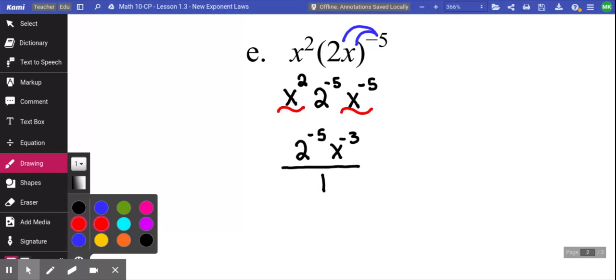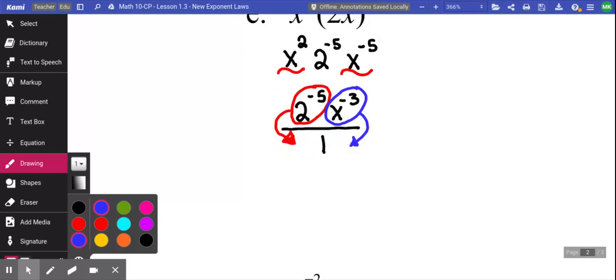In this case, my 2 to the negative 5 is a negative power, so it needs to move. My x to the negative 3 is also a negative power. It needs to move. That means there's nothing left on the top, so I put a placeholder of 1 on the top.